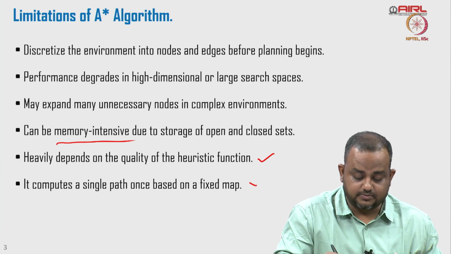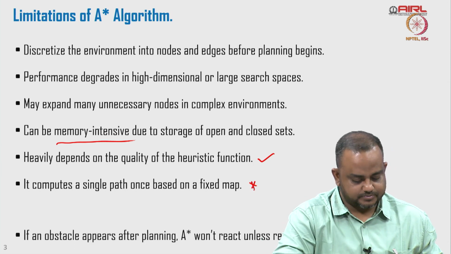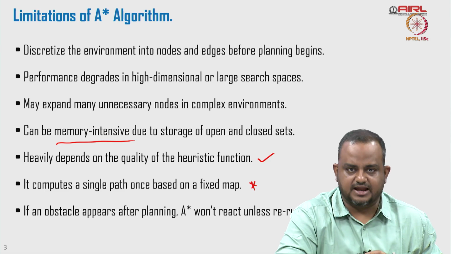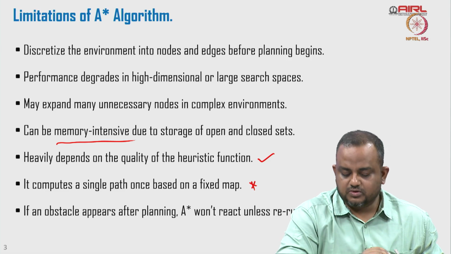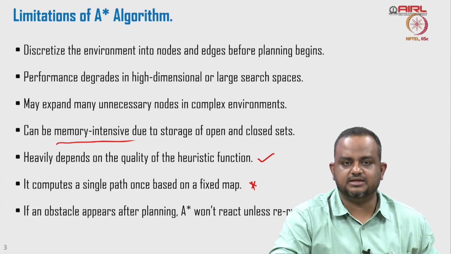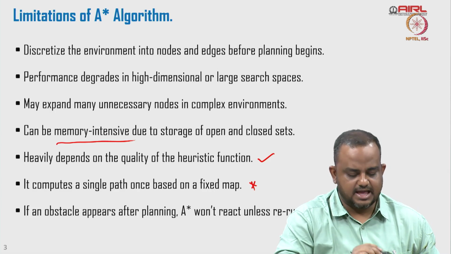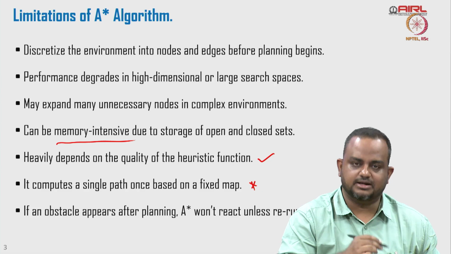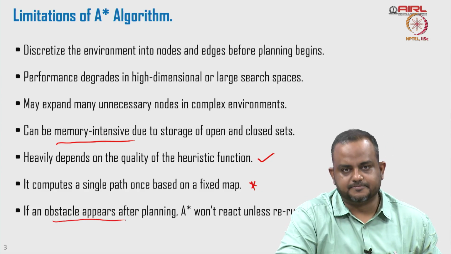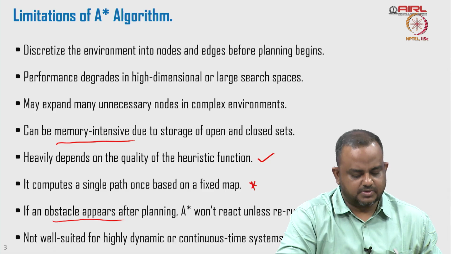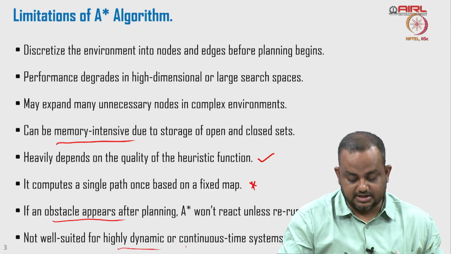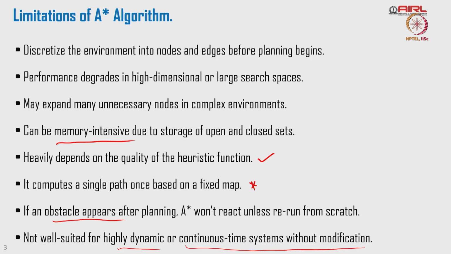That is also very important, because when an obstacle appears after planning, A star will not react unless there is a rerun from scratch. So, we have to rerun the algorithm and recompute the path, and only then will we get another solution when an obstacle comes into the picture after the planning. Okay. So, it is not well suited for highly dynamic and continuous time systems without modification.